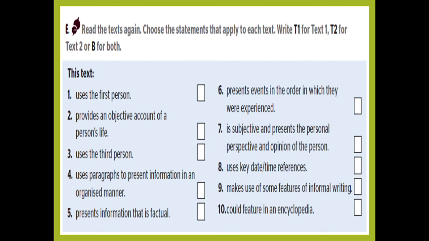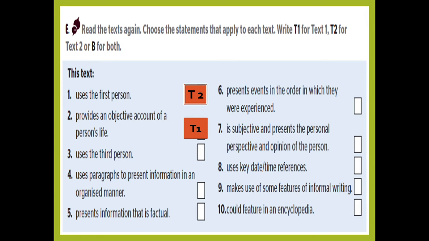Well, number 1, uses the first person, is text 2. Provides an objective account of a person's life. It's text 1. Uses the third person like they, he, she, it. This is the third viewpoint, okay?